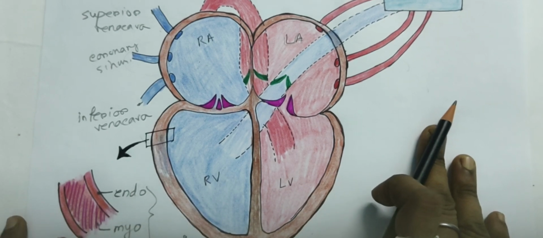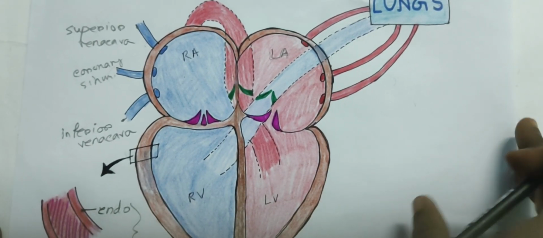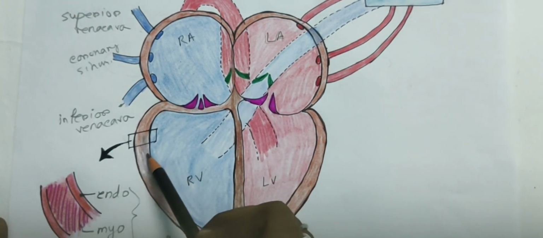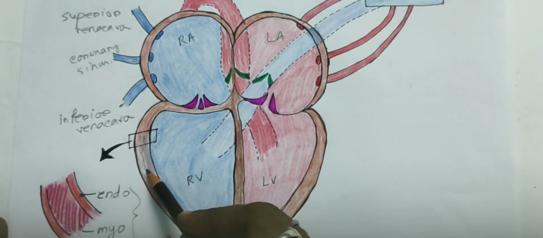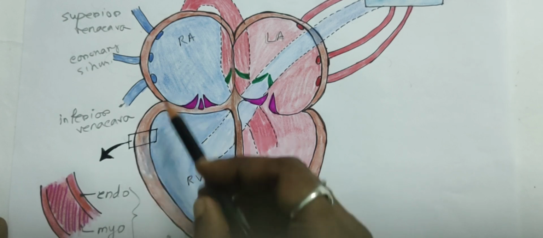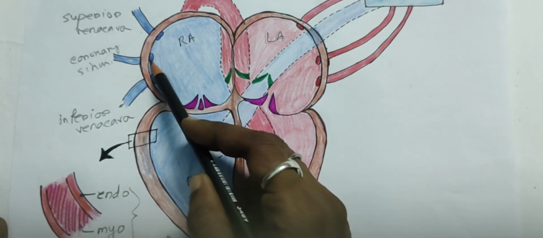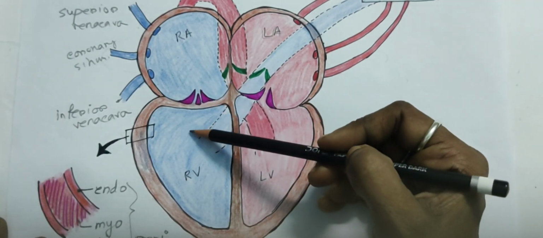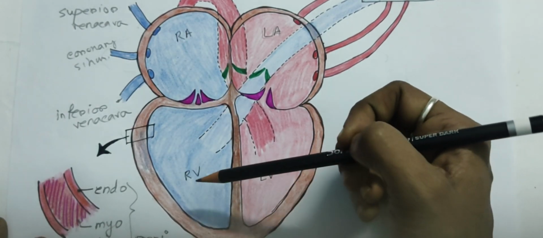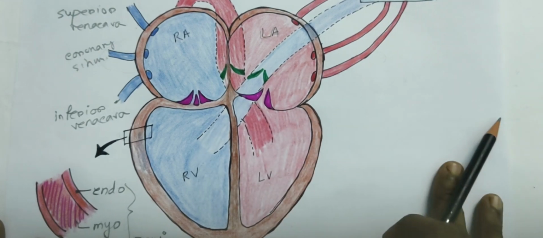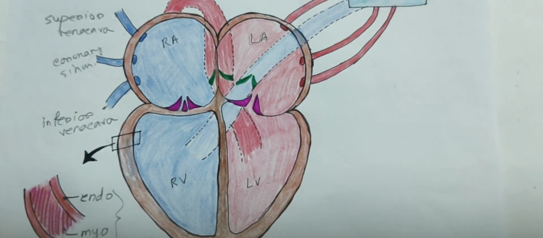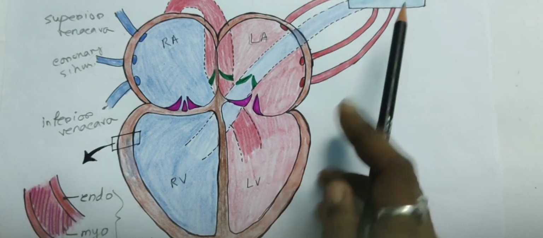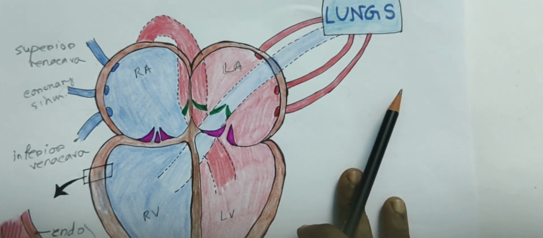One thing we have to notice is that the wall of the ventricle is thicker than the wall of the auricle. Why? Whenever the blood comes into the ventricle, the ventricle has the responsibility to transport that blood to the lungs.